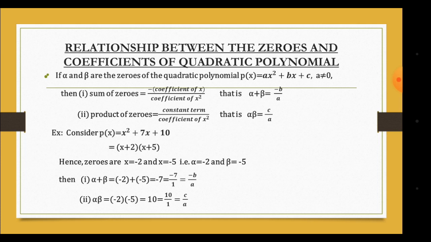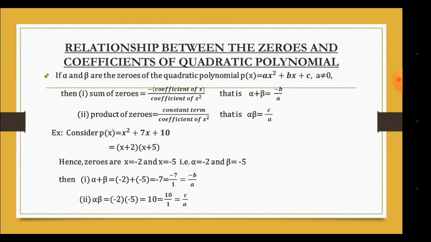Coefficient of x is b and coefficient of x square is a. So alpha plus beta equal to minus b upon a.